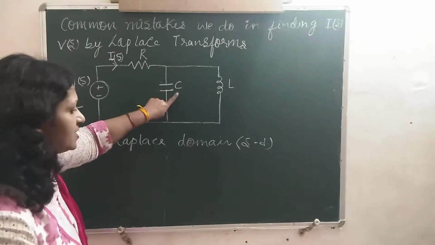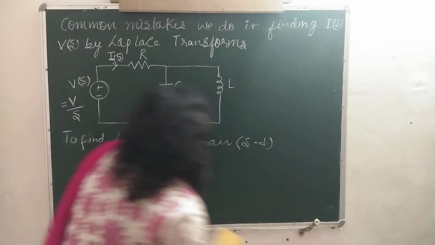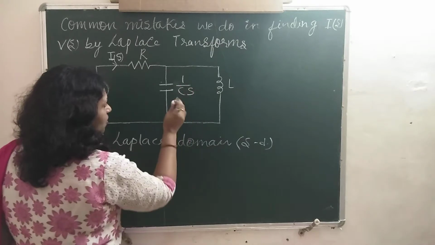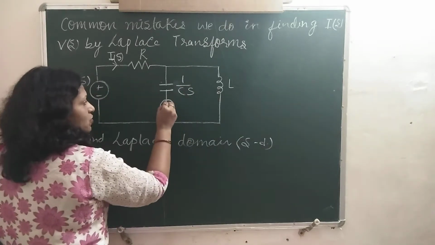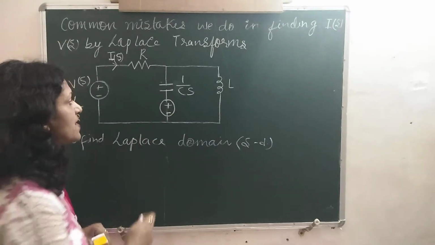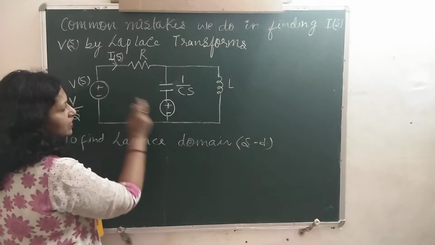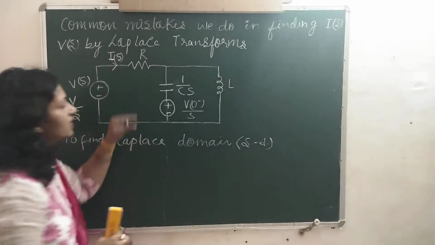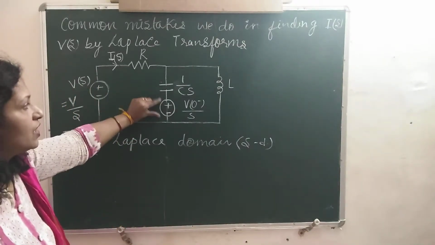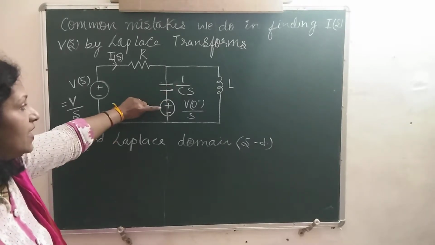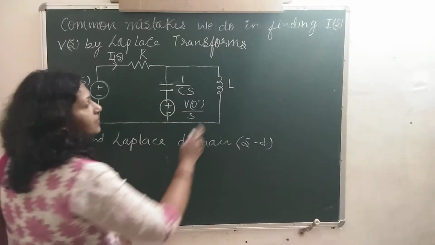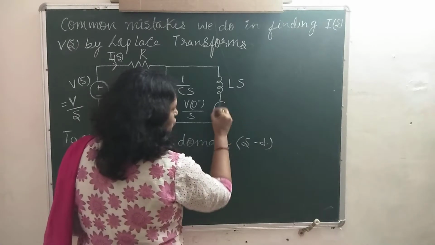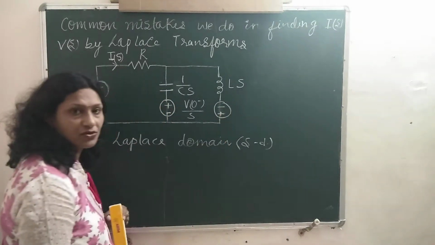This capacitor is transformed as a reactance of value 1 by Cs along with a voltage source with polarity plus minus in the direction of the source voltage, and its value is V0 minus divided by S. The capacitor is now changed into the combination of 1 by Cs reactance and V0 minus by S, and the inductor is changed into a reactance of Ls along with a voltage source from negative to positive.